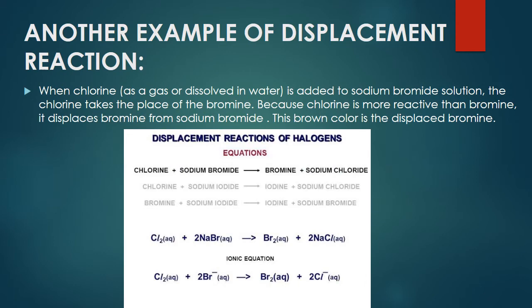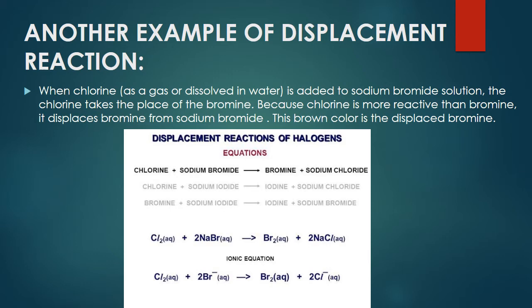Now this is another example of displacement reaction. When chlorine, as a gas or dissolved in water, is added to sodium bromide solution. Now look, sodium bromide is again an ionic compound and this solution will have sodium ions as well as bromide ions. What charge will be on bromide? Negative.